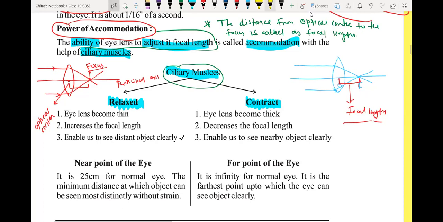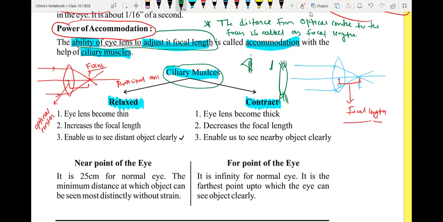Sometimes, suppose we have the human eye over here, and any object is kept over here. The light rays incident on the eye have to focus on the retina. Here we have the lens of the eye, and here we have the ciliary muscles.